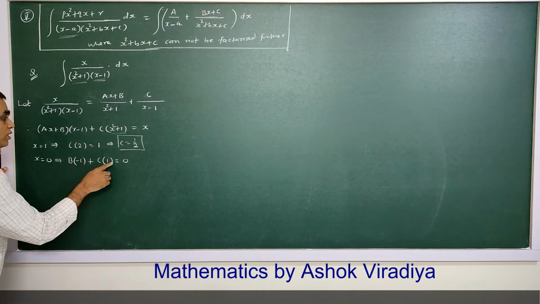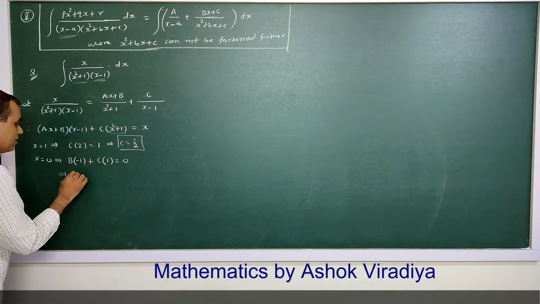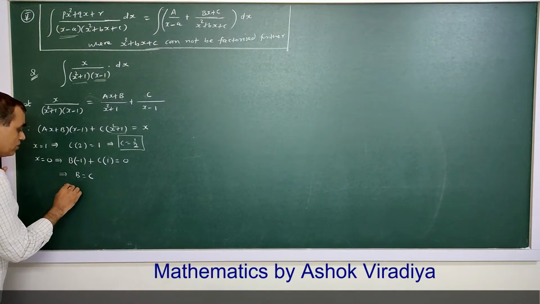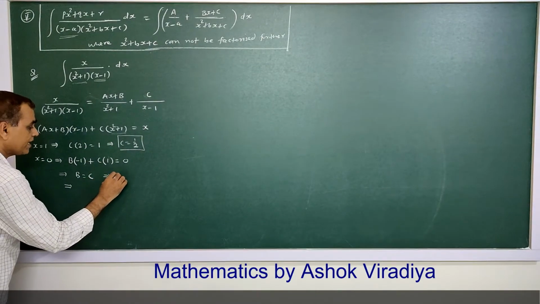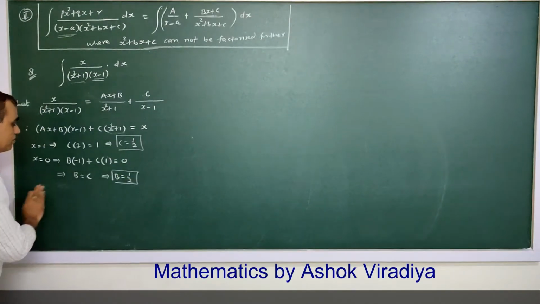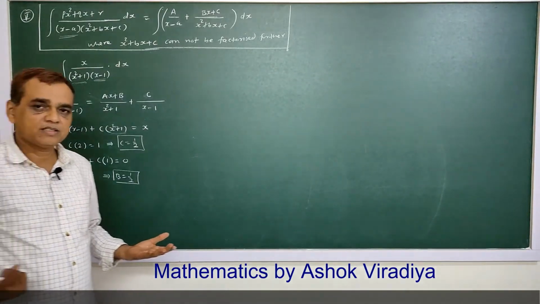So b is equal to c. But c is 1 by 2, so b is also 1 by 2. So b is obtained, c is obtained.